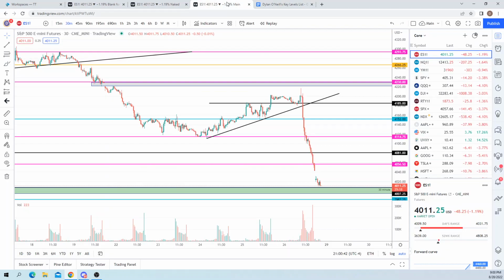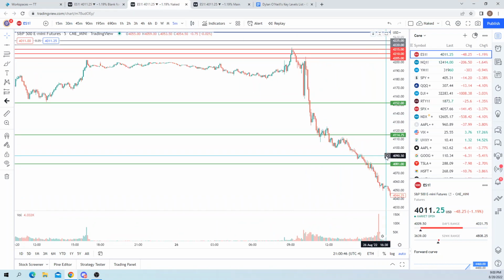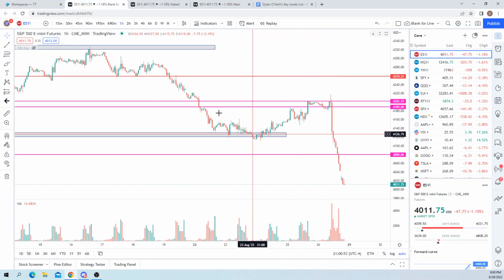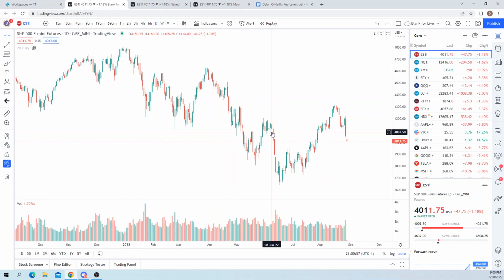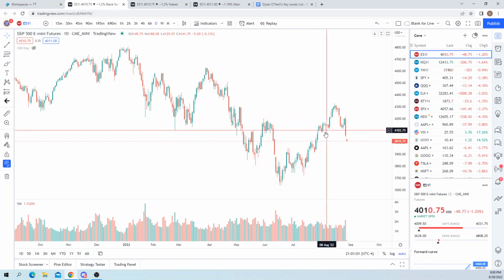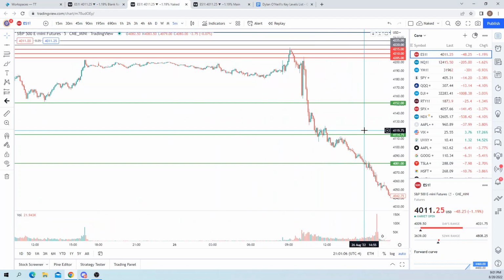I was just using my key levels as targets, and then I also used the 4,081 level because I showed you guys the importance of the 4,080 level. As you can see again on the daily chart, this level acted as key support back in early June and early August of this year. Those are the reasonings as to why I use those particular targets.